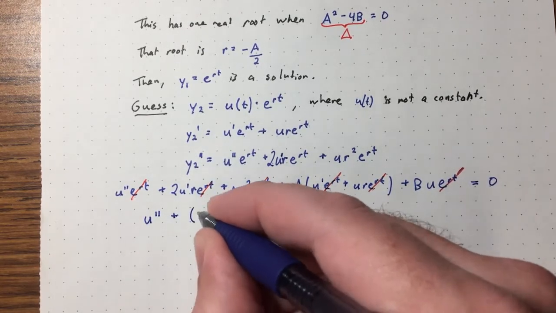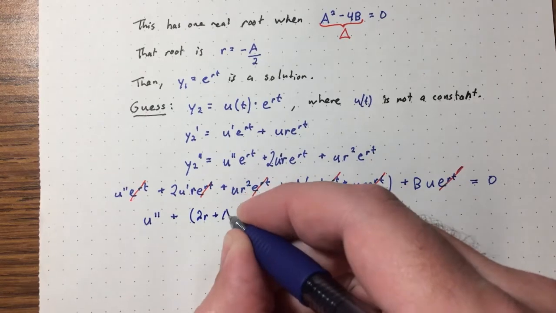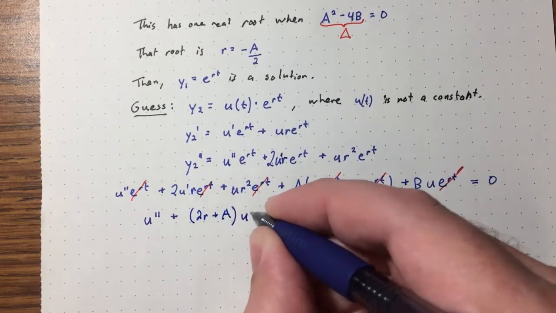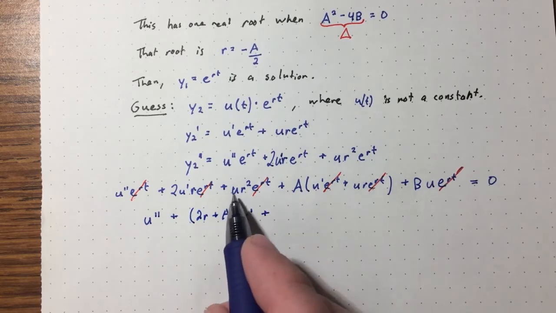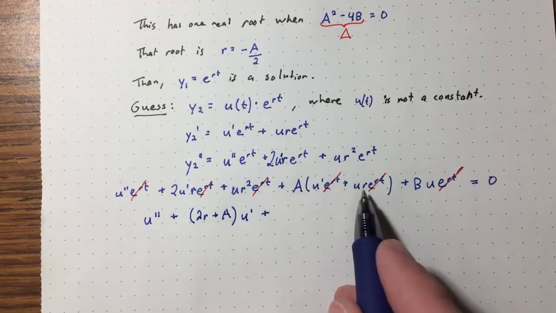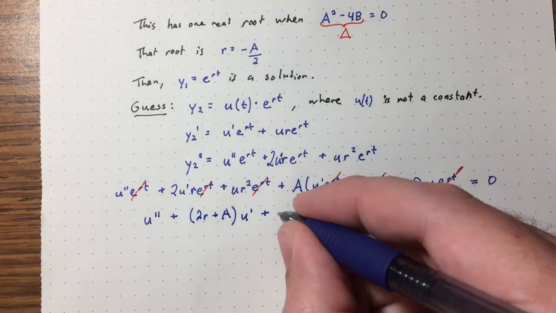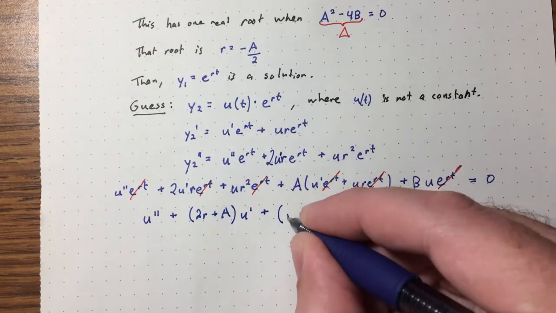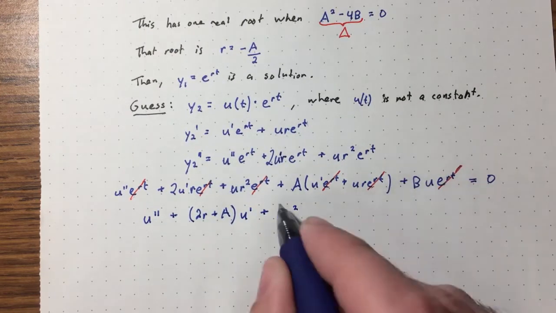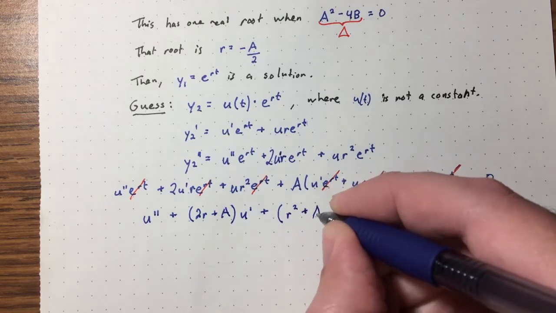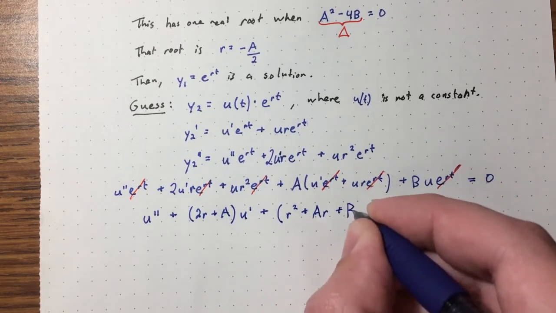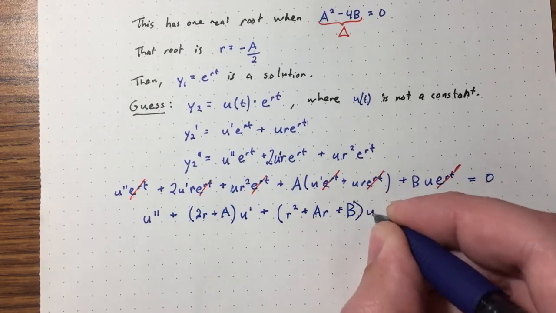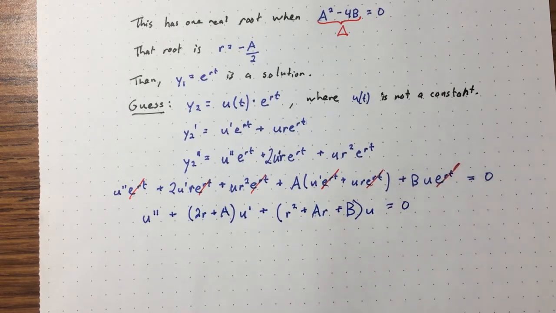So I have a 2r plus a times u prime, right? And then I want the u terms. It's that one and that one. So what are the coefficients? This one has an r squared. This one has an ar. This is looking a little familiar. And then this one has a b times u. And that's going to equal 0.